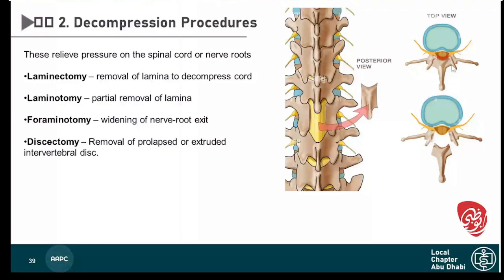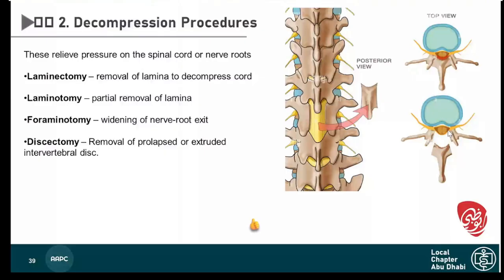So what will the physician do? Laminectomy means the physician will remove the lamina, because this is what compresses the cord. So the physician will remove the lamina, and it helps in the decompression of the cord. Okay, understand?